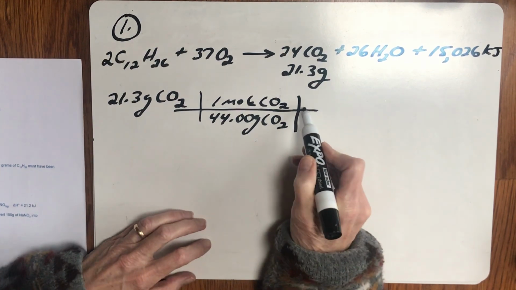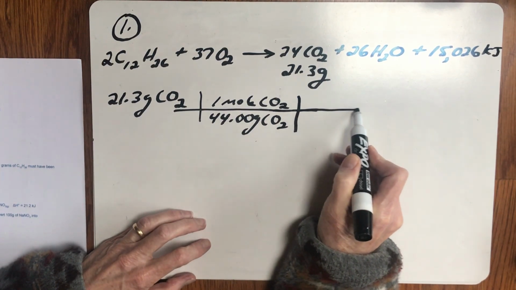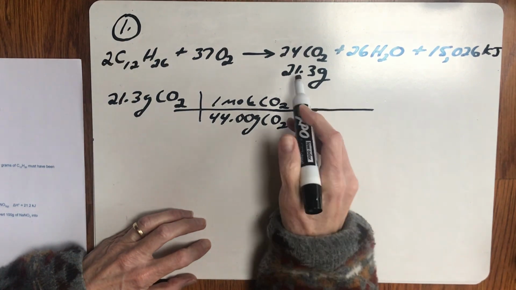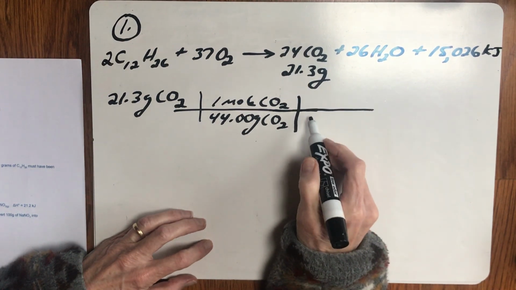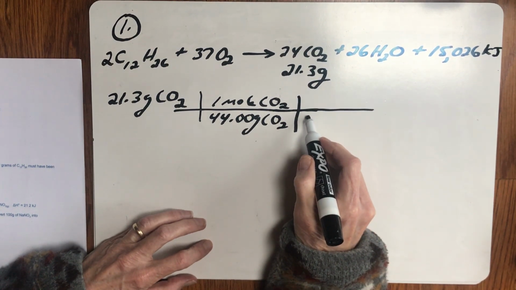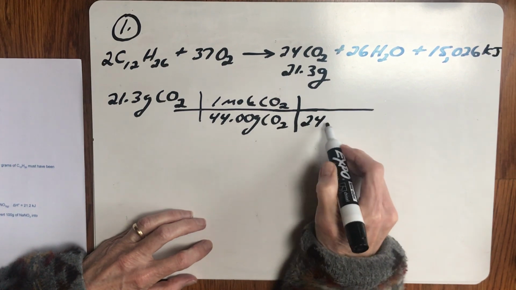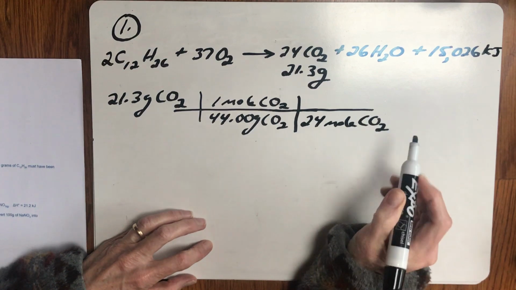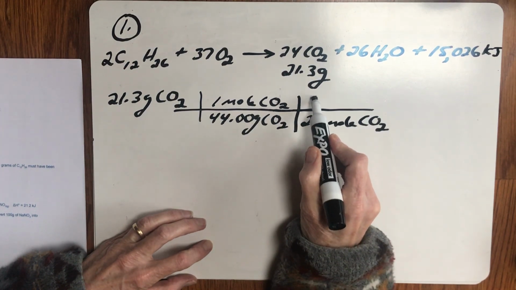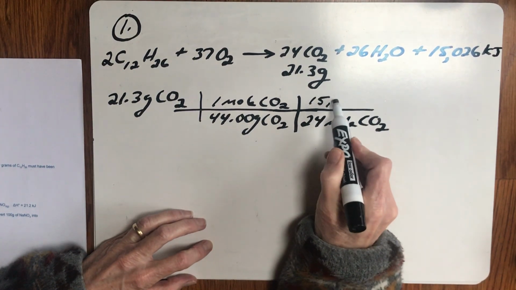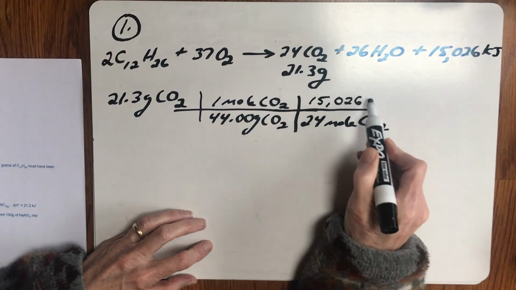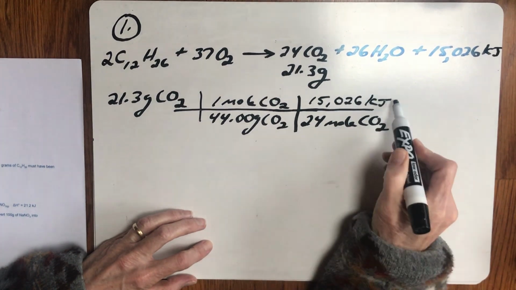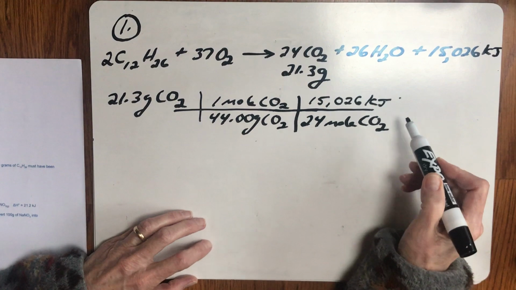And then from our balanced thermochemical equation, we'll use our ratio, which is 24 moles of CO2 for every 15,026 kilojoules of energy.